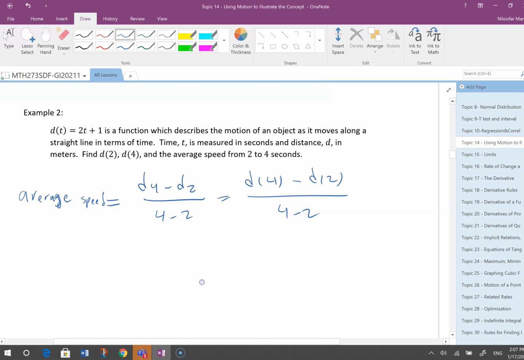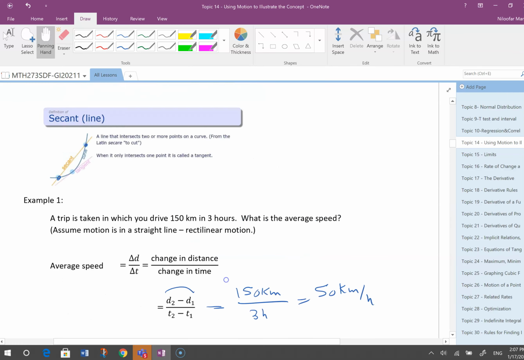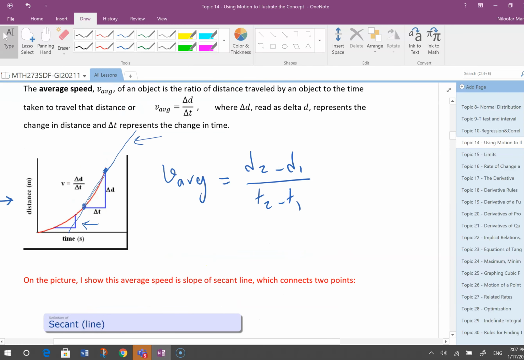So look here on the graph. See, this is, for example, t1 and this is t2. Delta t in mathematics means change. I show delta t is t2 minus t1.